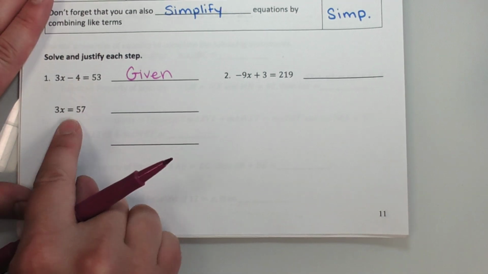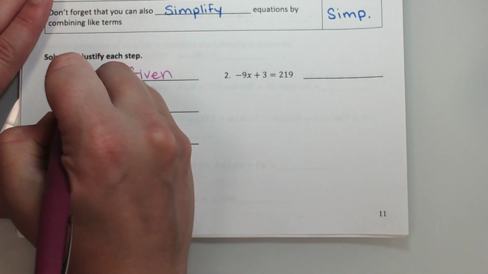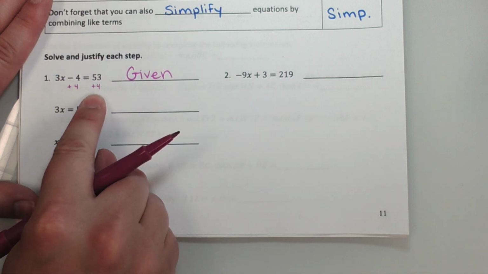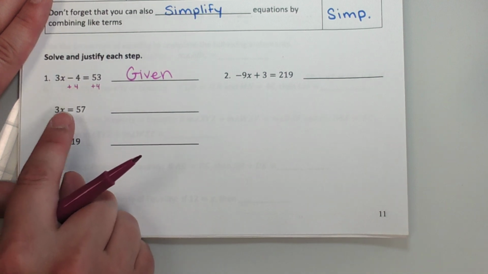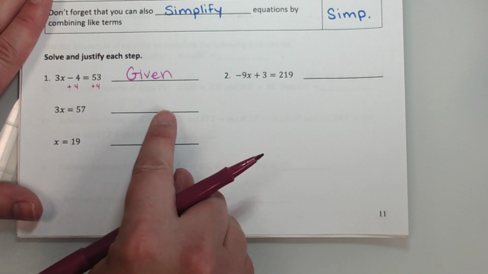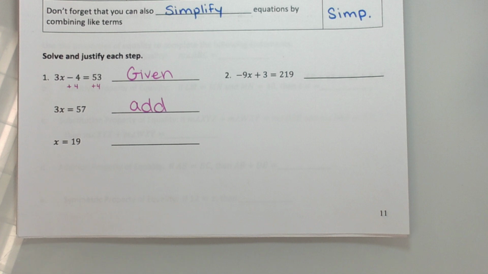If I went from here to here, what did I have to do? Add 4 to both sides. You don't have to write the plus 4 on both sides. You just have to do the addition to get 3x equals 57. And since you did addition, guess what we write here? Add. It's what you did to get there.